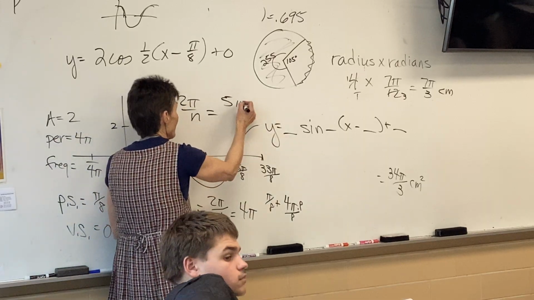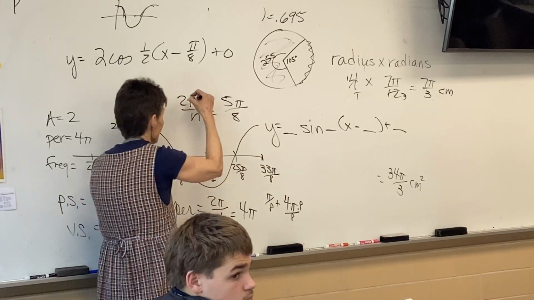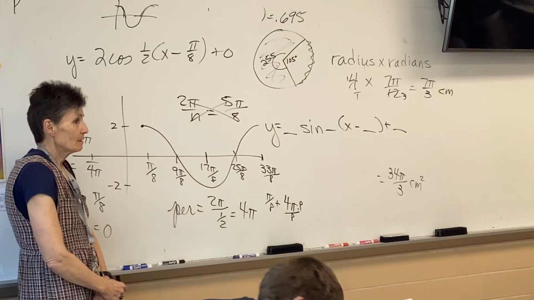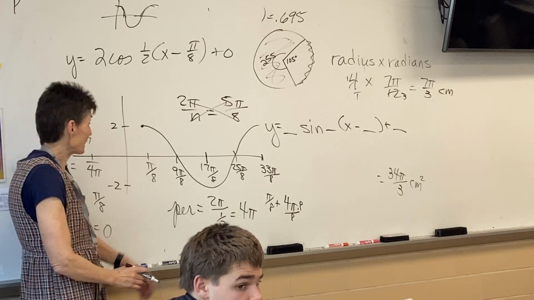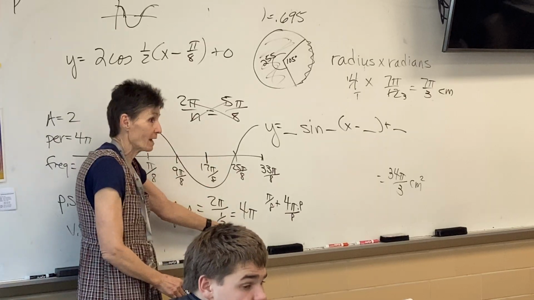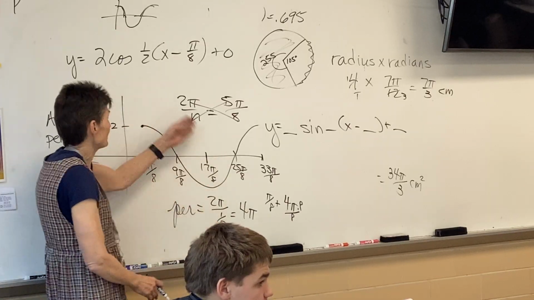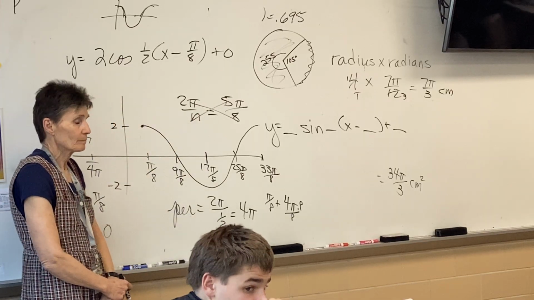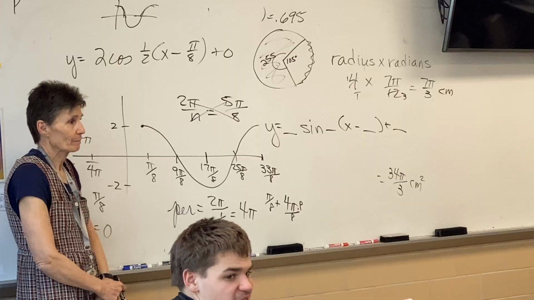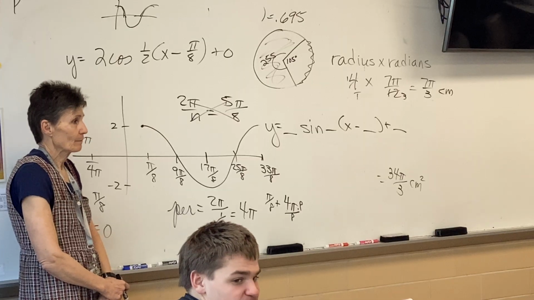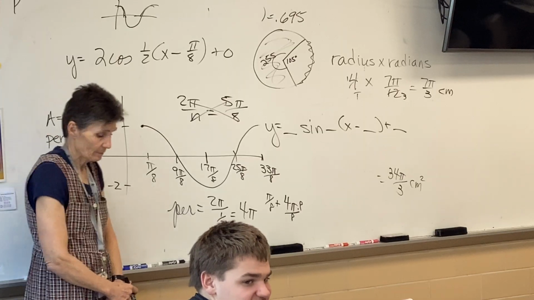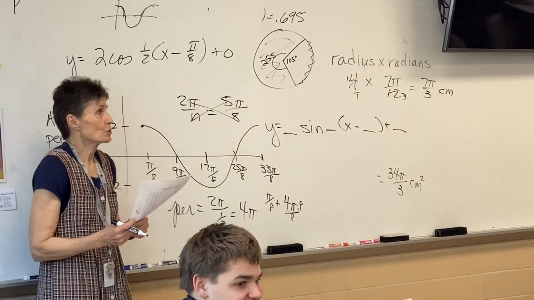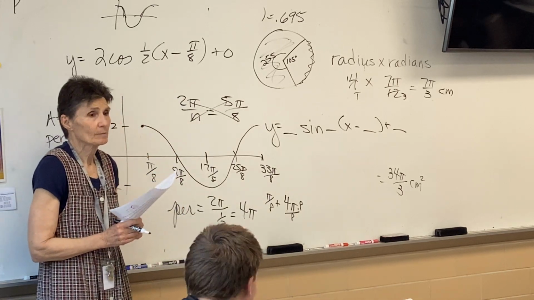I don't know, 5 pi over 8, whatever the period is. I just want to remember how to figure out what to find. Okay, what else? Come on, what else?